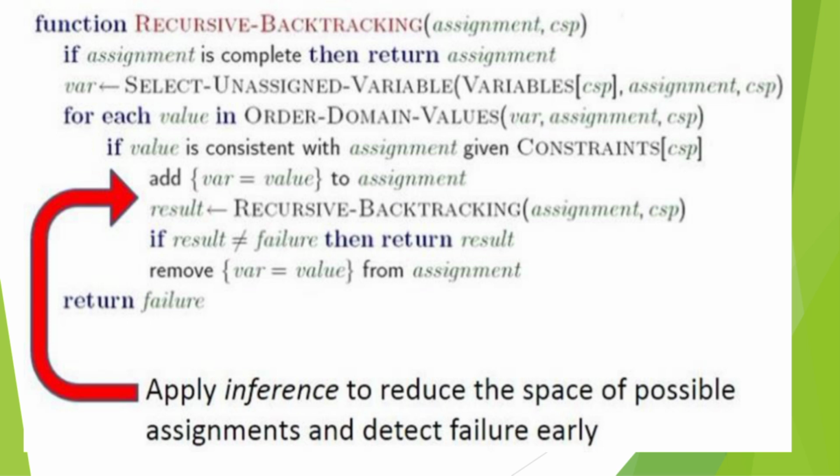For each value in order of domain values, if the value is consistent with assignment, given constraints are satisfied, it is added to the assignment. The result is recursive backtracking of assignment. If result is not failure, then it returns the result. It is not a failure, so it must have reached the goal state. Otherwise, the value is removed from the assignment, then return failure.